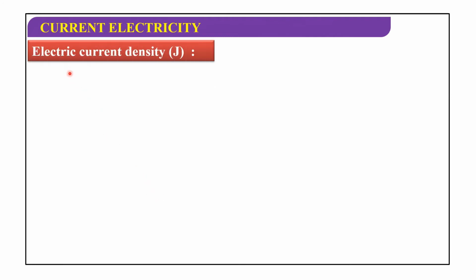Now, what is meant by electric current density J? Let us discuss.